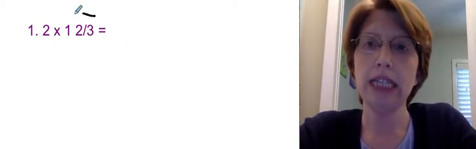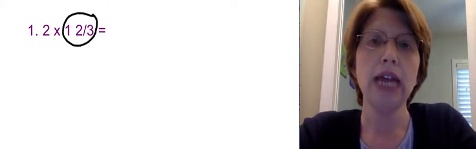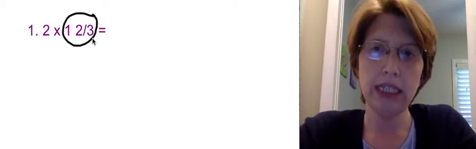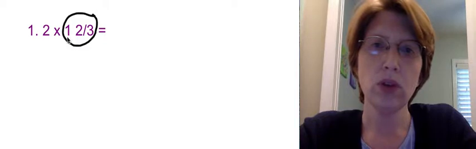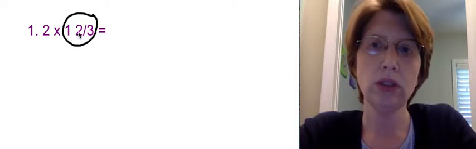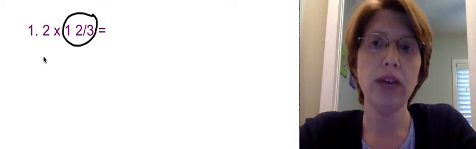So I see this mixed number, and I know that the first thing I have to do is change that. So let's change it. I'm going to take the denominator, which is 3, times 1 plus 2. So that's going to give me 5 over 3, 5/3.